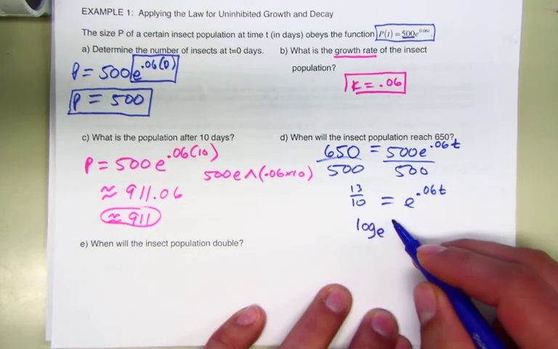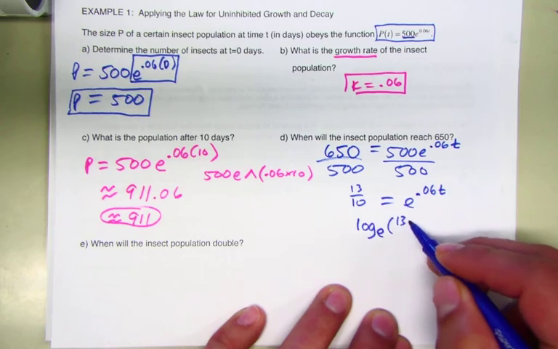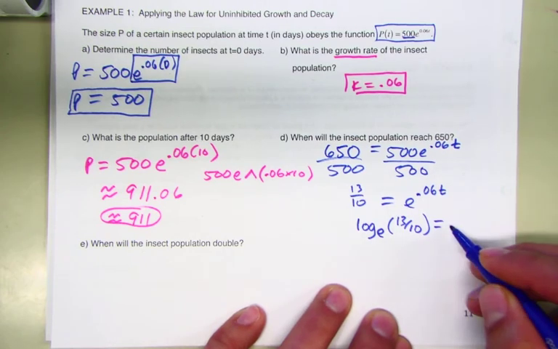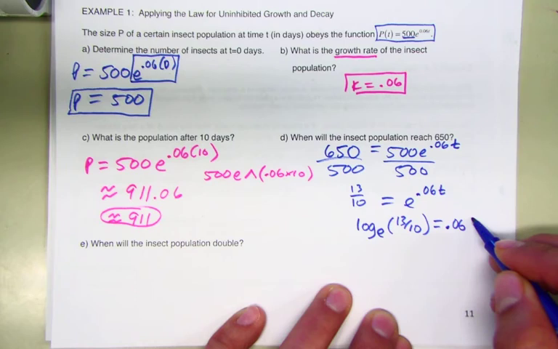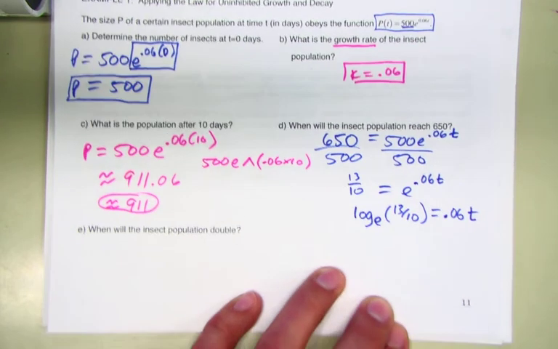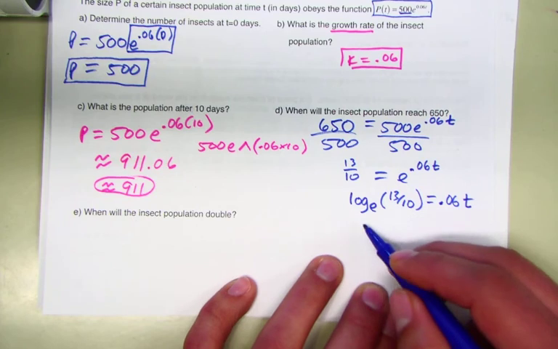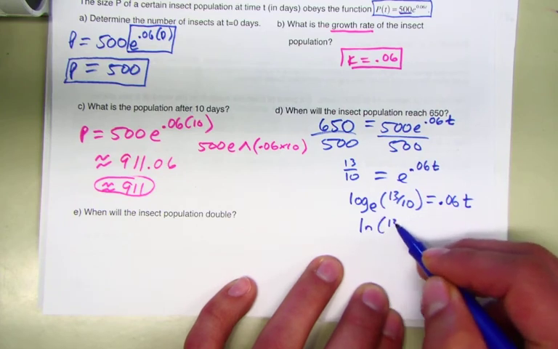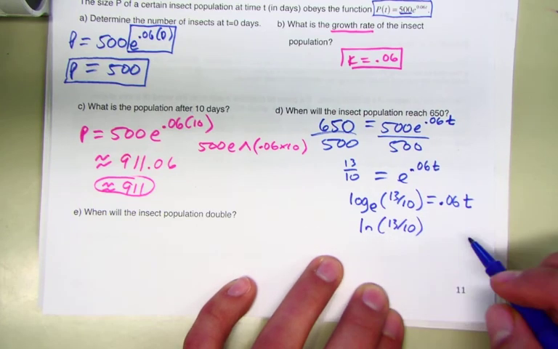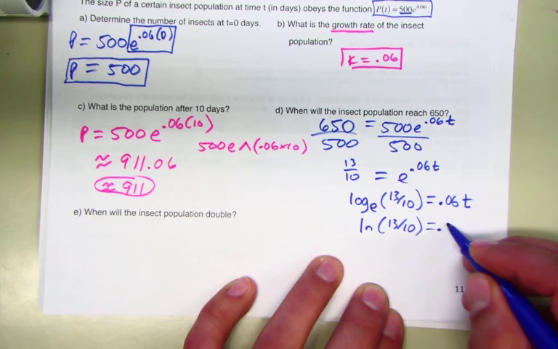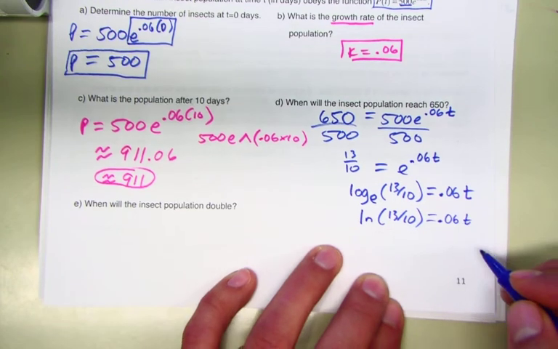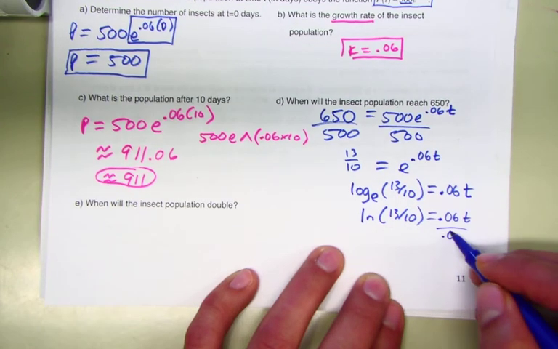Log base e. Perfect. And log base e, you can leave it that way, but if you're lazy like me, just remember that it's natural log, ln. And now what's the last step to find t? Divide by 0.06.